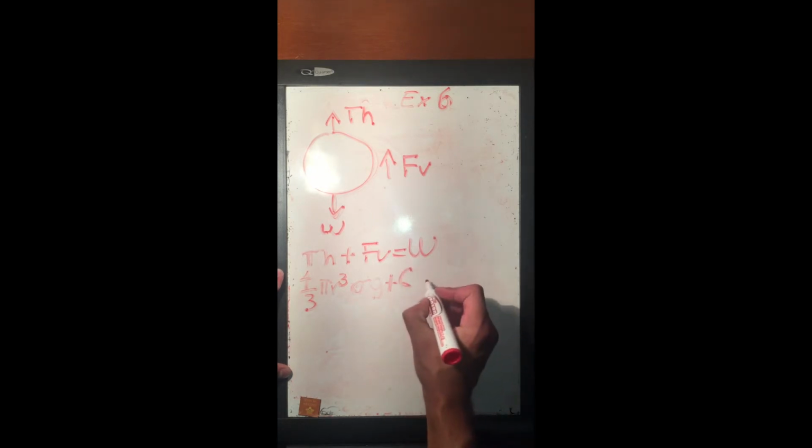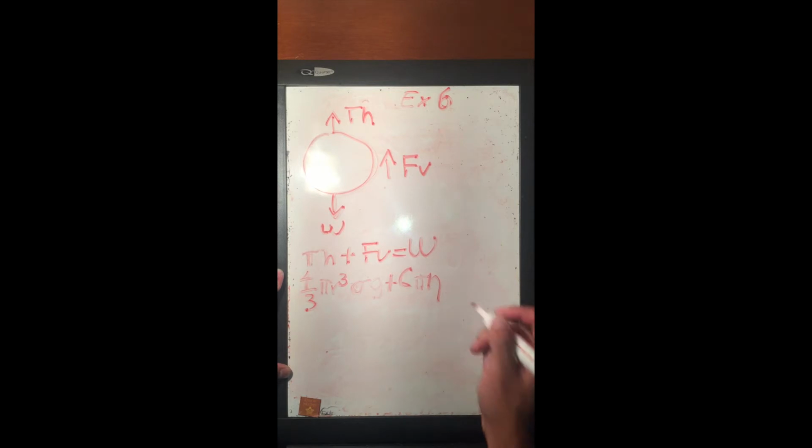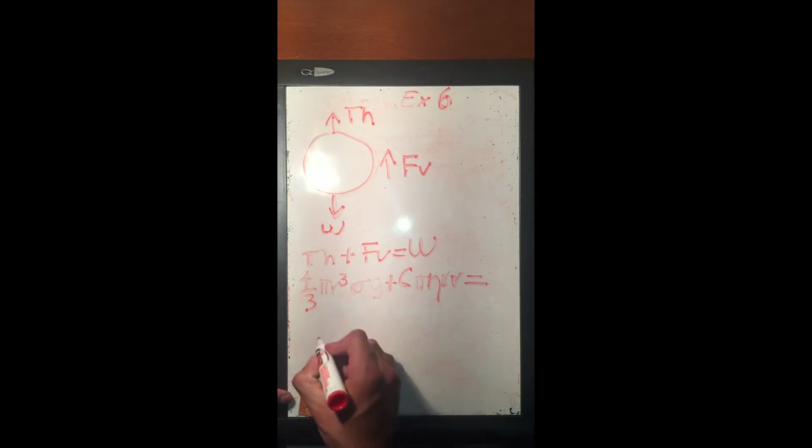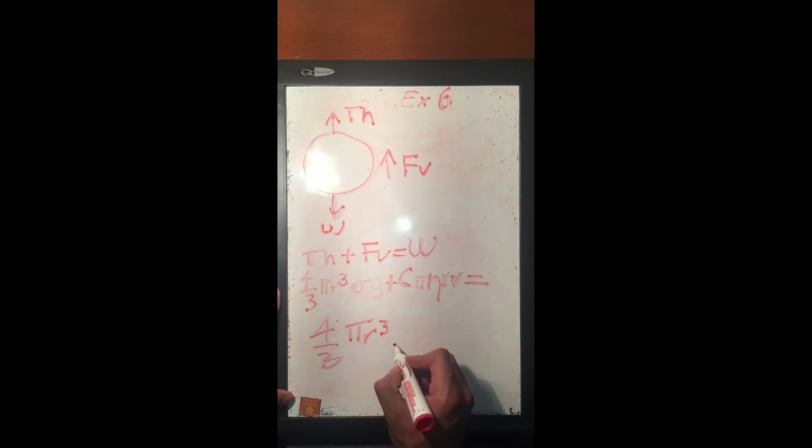6 pi times the coefficient of viscosity, in this case of water, times the radius times the velocity equals the weight, which is 4/3 of pi radius to the third times the density of the body times the gravity.